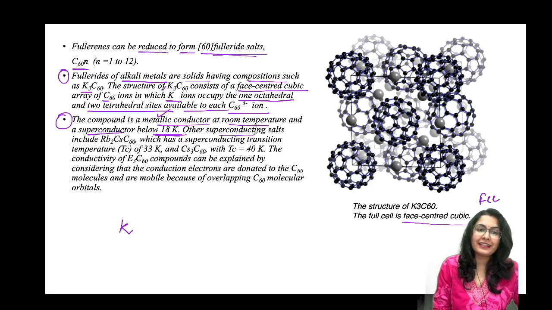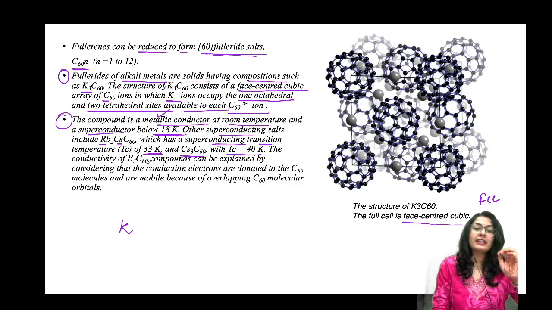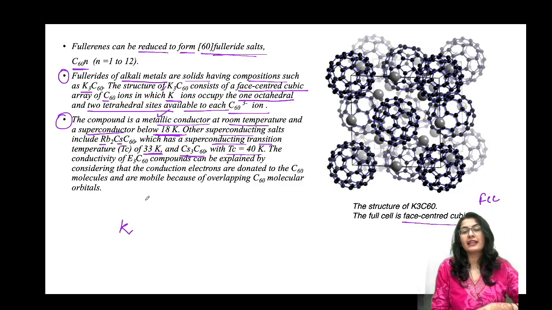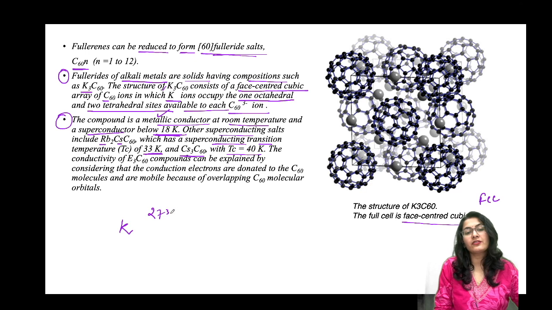Other superconducting salts include Rb2CsC60, which has a superconducting transition temperature of 33 K, and Cs3C60 with a critical temperature of 40 K. So these are very low temperatures. 33 K is very low. 273 K is your 0 degrees. उससे बहुत ज़्यादा low है.